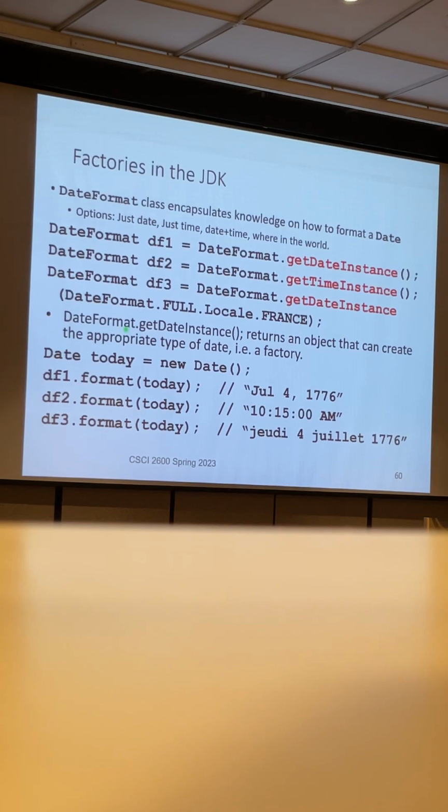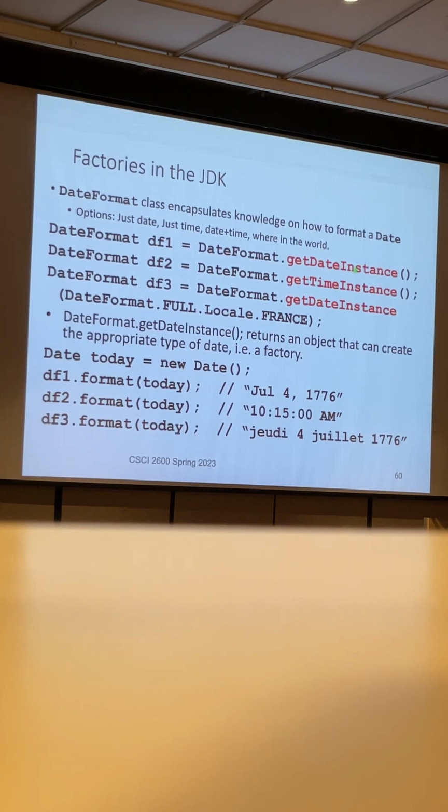Essentially the date format object that we get from get date instance would correspond to their factory object. And then when we call methods of that factory object, we would be getting different types of formatters.